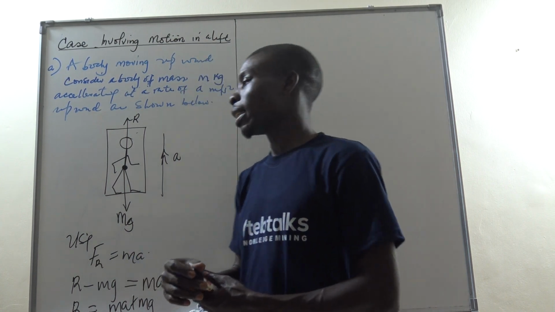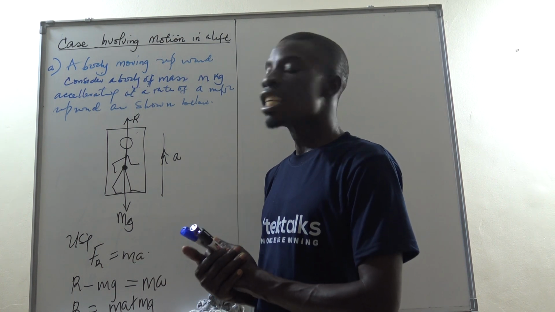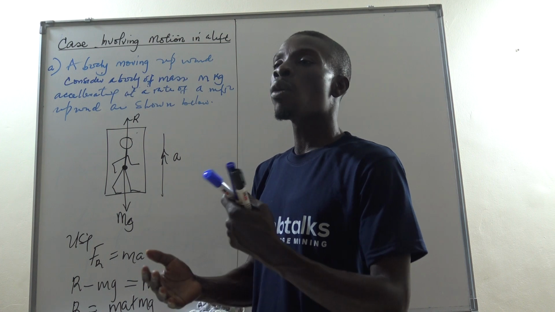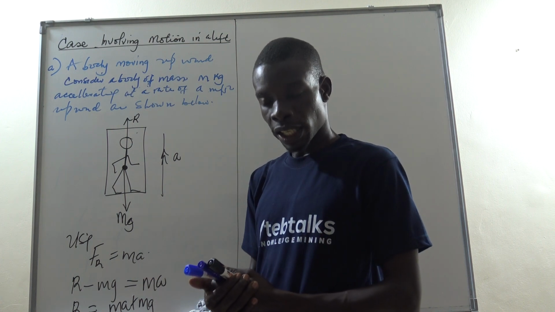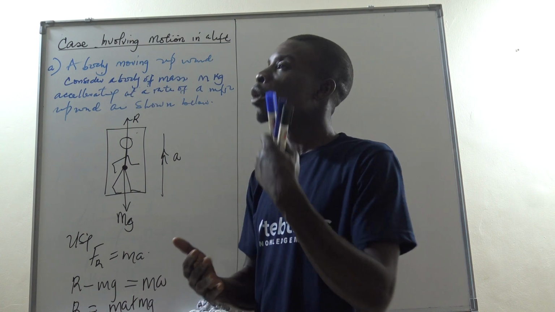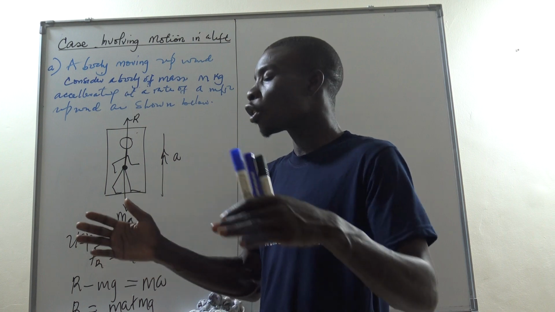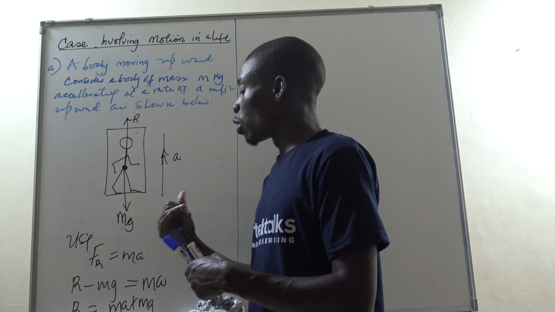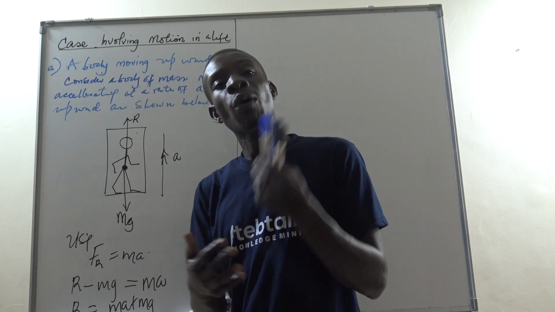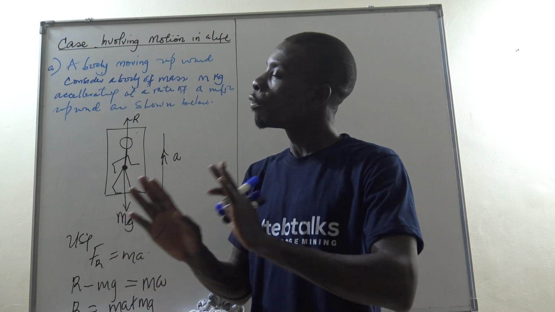Please don't forget that the normal reaction that we exert in the lift is equivalent to our weight, whether the lift is in motion or not. Normal reaction, whether the body is moving downward, upward or stationary, always equals the weight of the body in its state, either at rest or in motion.